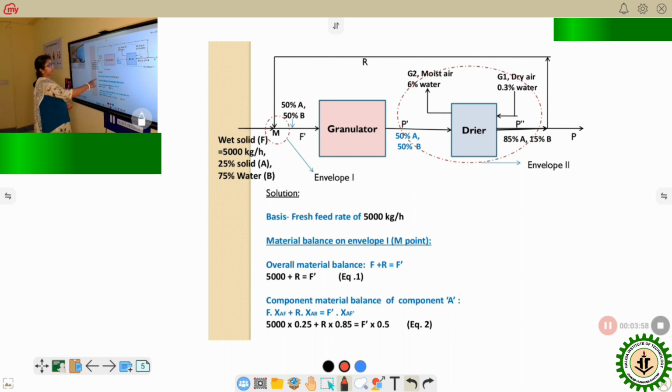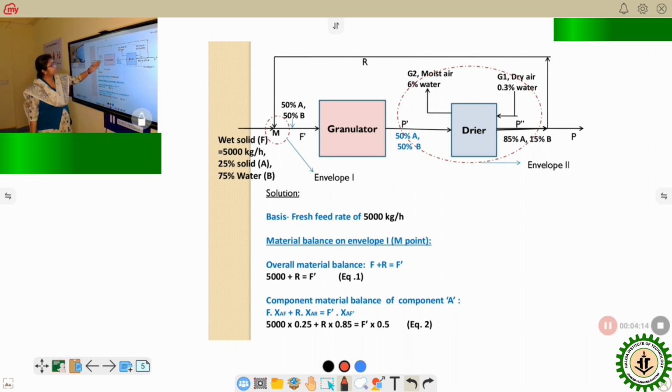Then it is mixed with the R stream, that is the recycled stream coming from the leaving product of the dryer, and it is mixed at the point of A.